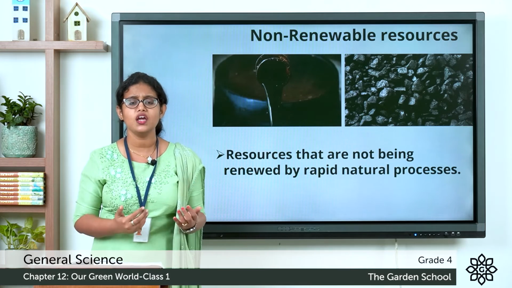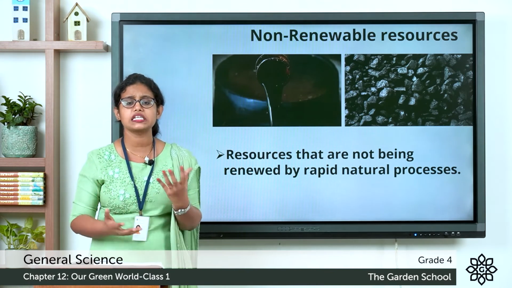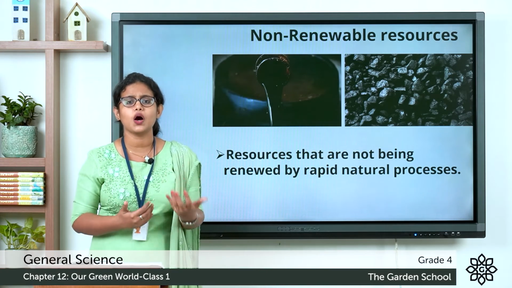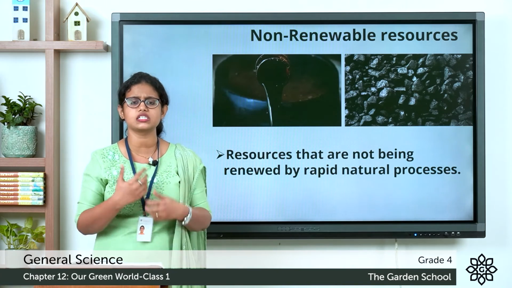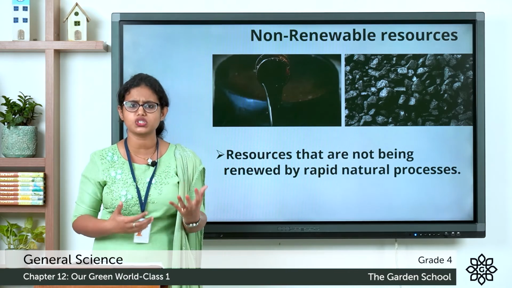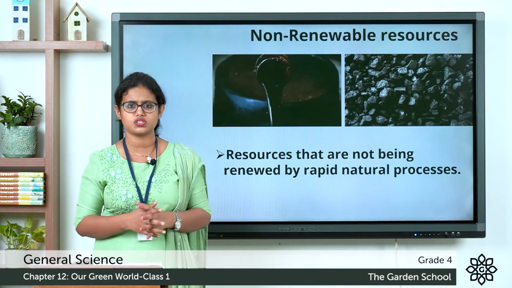So that is why we should use these resources very carefully, as they are available in limited amount. What happens if we use these resources and finish them? It takes so much time to convert the dead remains into resources.